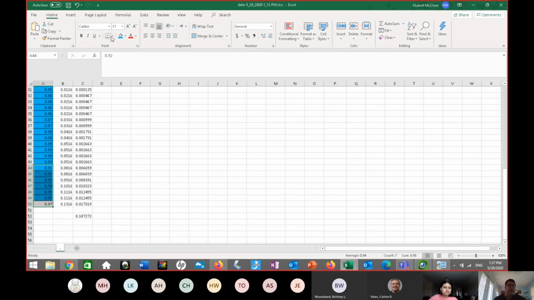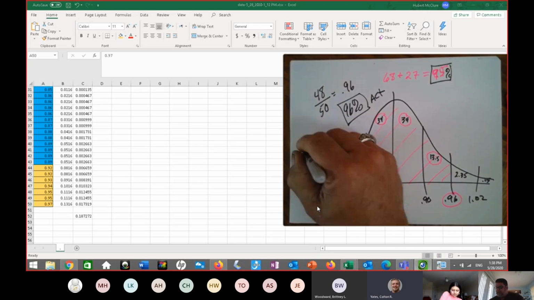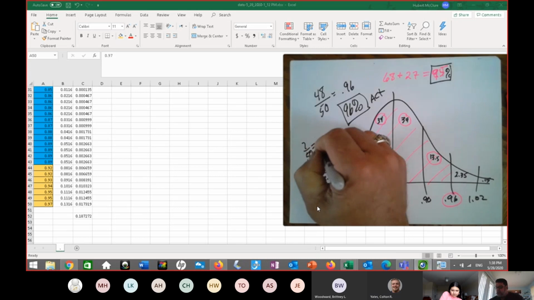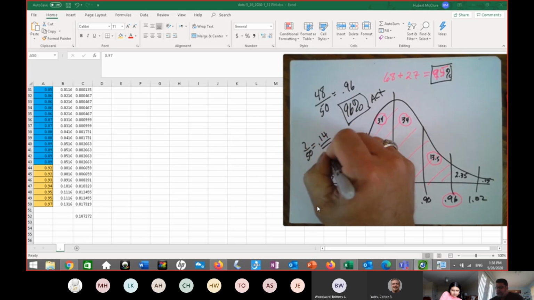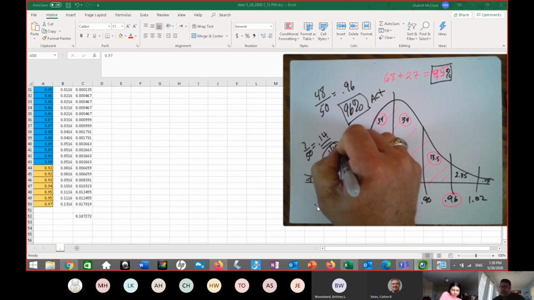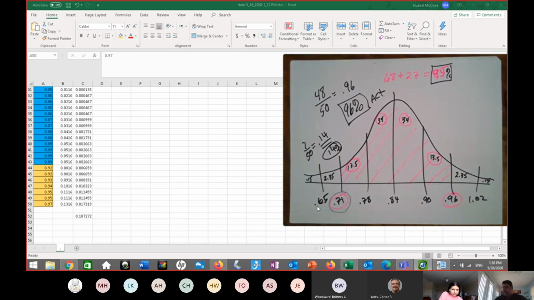And I'm going to highlight those orange. 1, 2, 3, 4, 5, 6, 7. 7 out of 50. Somebody do that for me. 7 out of 50 is equal to 0.14, which is 14%. And we got 16%.